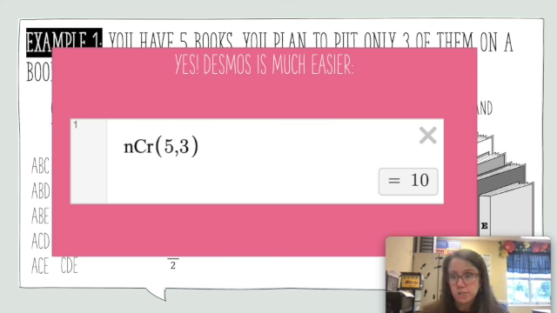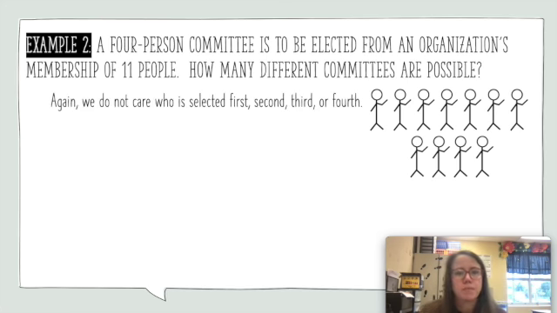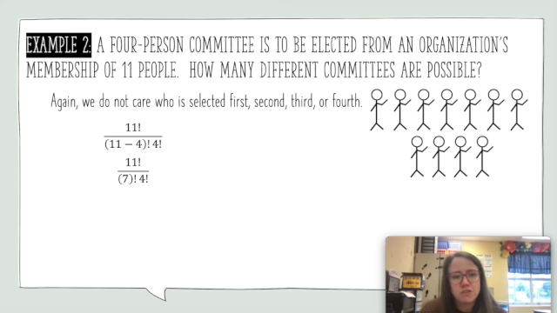So these next examples should go pretty quickly. We're going to create a 4-person committee from 11 different people. And so how many different committees are possible? Again, we don't care who's selected first, second, third. We just want them all. I did do the math so that you could see it.